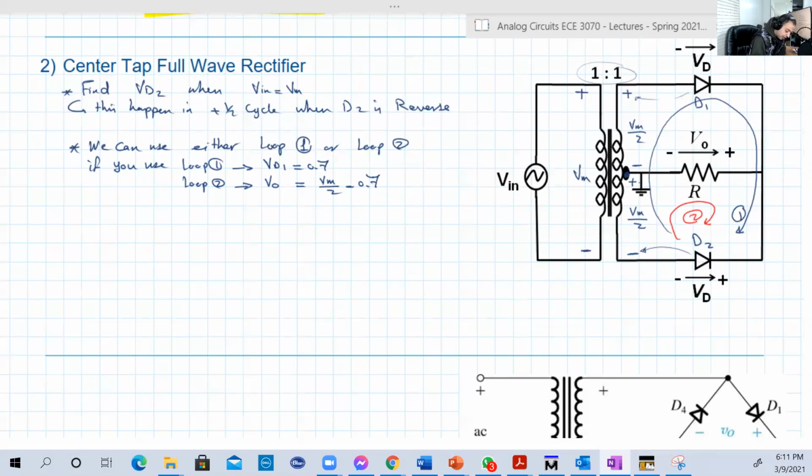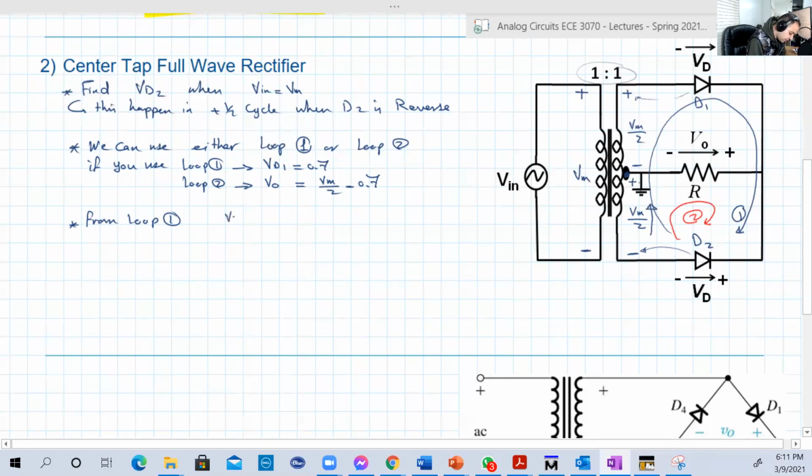So let's go with loop one. So from loop one, let's see what we have here. So we have a voltage here, Vmax over 2. Another voltage in the same direction, Vmax over 2. Then plus, because this is in the same direction, plus VD1. Then we continue minus VD2 equal to 0.